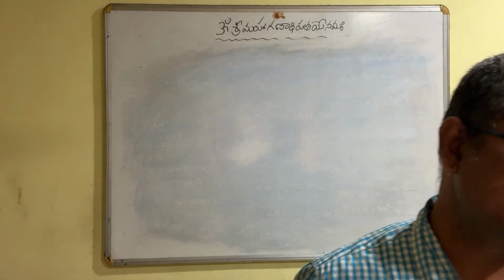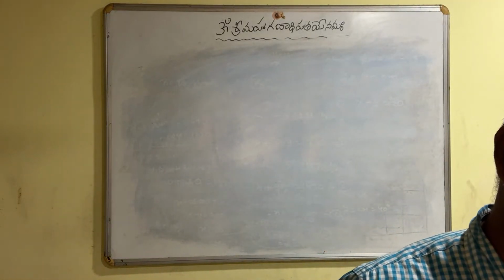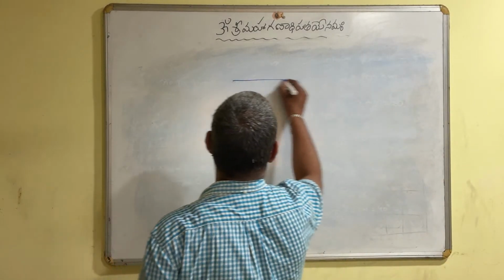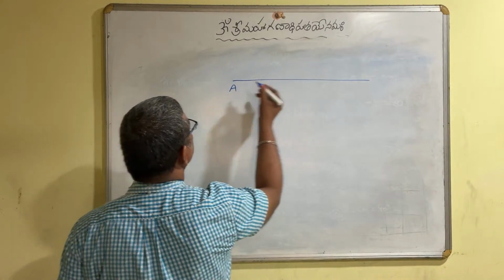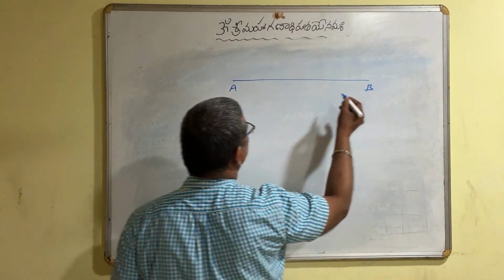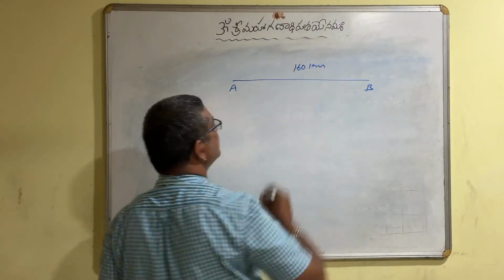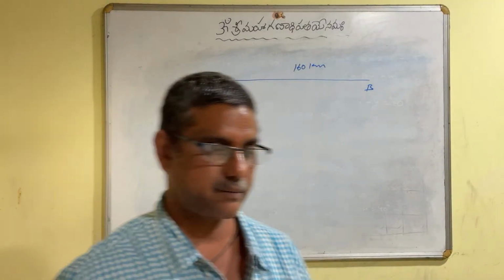Two places A and B are 160 kilometers apart on a highway. There is a place A and there is another place B, and the distance between them is 160 kilometers.